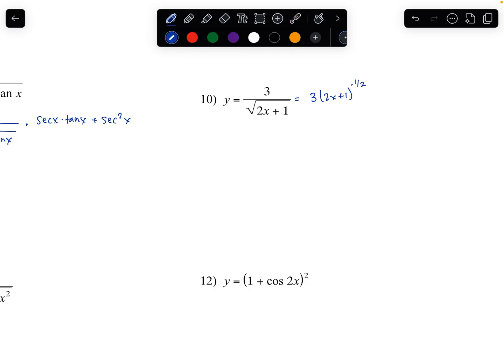So this y prime is going to be equal to negative 3/2, 2x plus 1 to the negative 3/2, whenever I subtract 1 from that. Then I'm going to have to multiply by the derivative of the inside, so multiply by 2. And you can kind of see that that would cancel if you were to simplify.